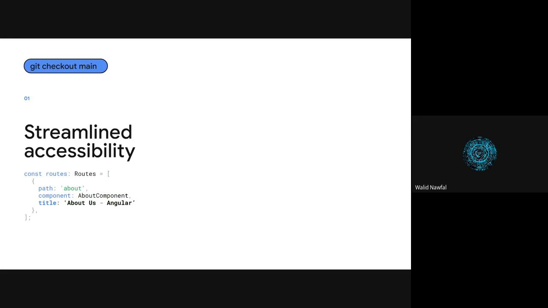Yeah, so this is a common issue across all web frameworks, because it's not easy to use unique page titles across applications and let the framework figure out which route each title belongs to.